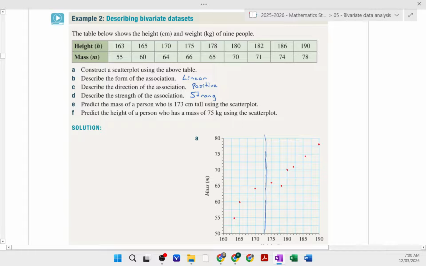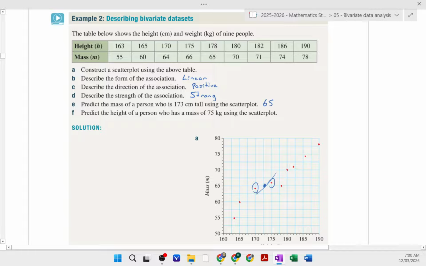If I draw up from 173, straight up, where approximately on this line that I was talking about might I be? Now, if you have a look at it, you've got a dot just there and a dot just there. So your line's probably going to split the difference between them. So it's going to hit around that 65 mark. So I would say 65.